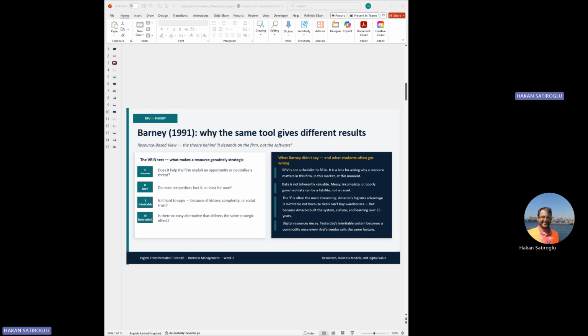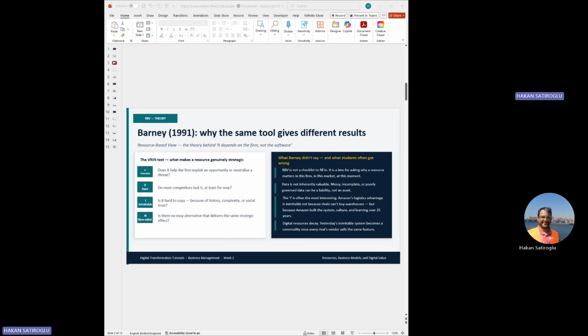So even data is not always an asset. If the data is messy, incomplete, or badly governed, it can actually slow the business down. So the resource-based view from Barney is included there. Okay. I'm happy if you stop here and read more on this slide.